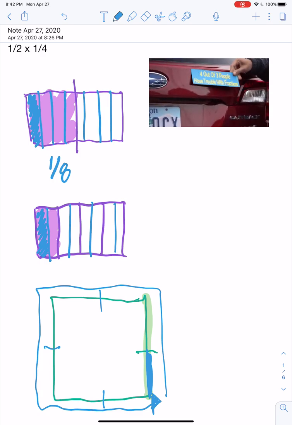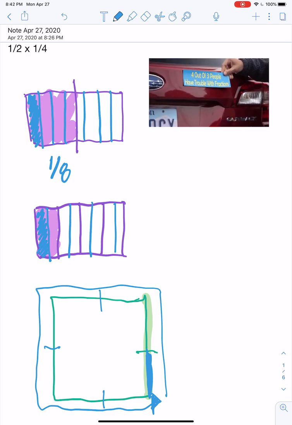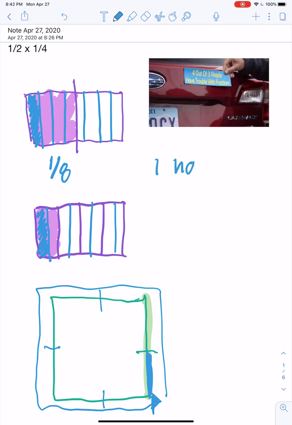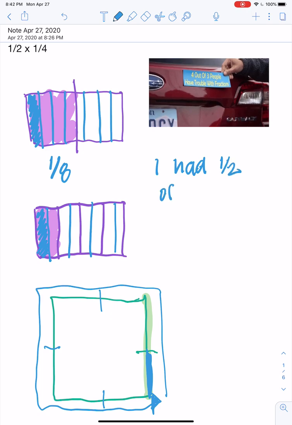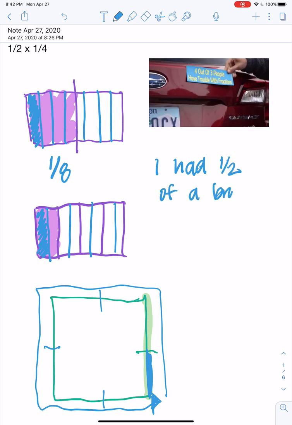So in terms of food, like let's say we were talking about brownies, I could say I had a half of a brownie. And then I ate 1/4 of it.